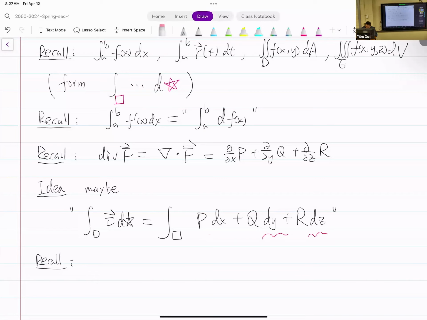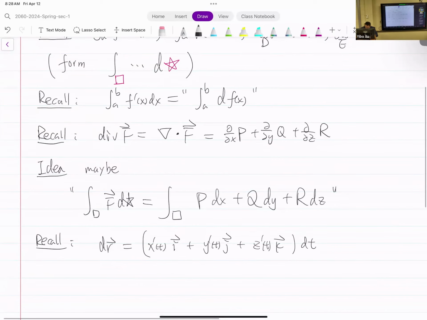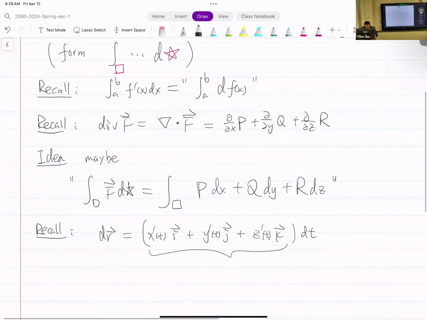So if you recall, when we talk about a vector function with x, y, z of t as components, the differential is actually x prime of t plus y prime of t plus z prime of t, whole thing times dt, right? And this part is actually the tangent function, r prime.